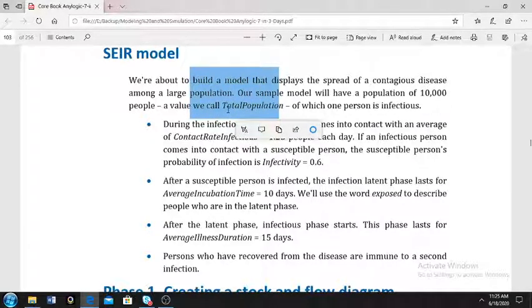So this total population has a sampling frame. Now let's read a bit. During the infectious phase, a person comes into contact with an average of contact rate infection equals 1.25 people each day.